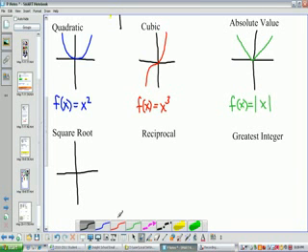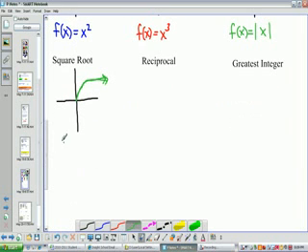Square root function looks like this. Now, I'll talk about square root for a minute. So if you were to do square root of 4, you would normally say plus or minus 2. But remember, to be a function, it has to pass the vertical line test, which means each x has only one y. So that's why to make it a function, it is only that part.